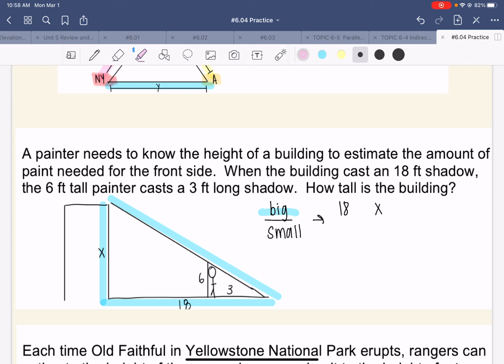A small value would be the small triangle that's inside, which is usually over in that corner. A big value that corresponds with 18 is 3, so 3 goes here. And the small value that corresponds with X is 6, so 6 will go here. And then you cross multiply and divide.